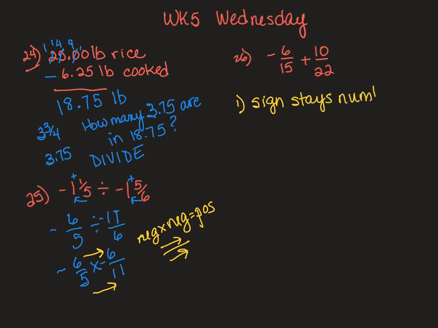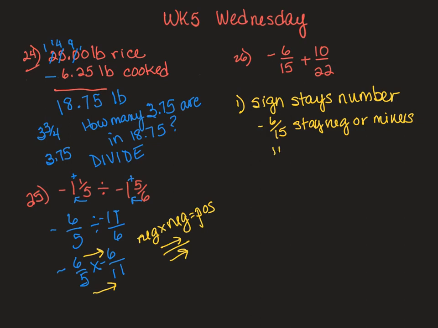Okay? So I can't say that negative 6/5 plus 10/22 is the same as negative 10/22 minus 6/5 or plus 6/5. The negative 6/5 has to stay negative, or minus.